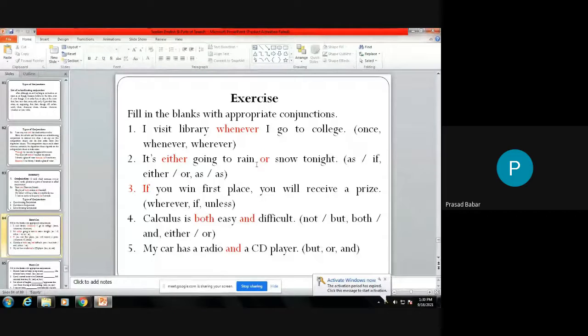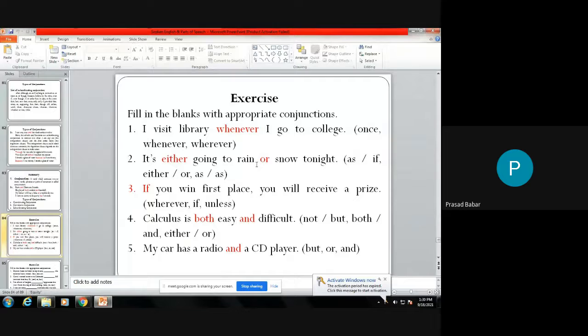And what type of conjunction is this? Either or? Correlative conjunction. Correct. So either or is the correlative conjunction, and it is used here in this example.